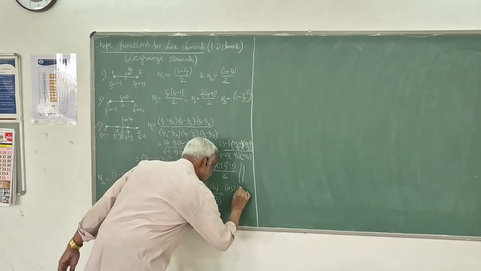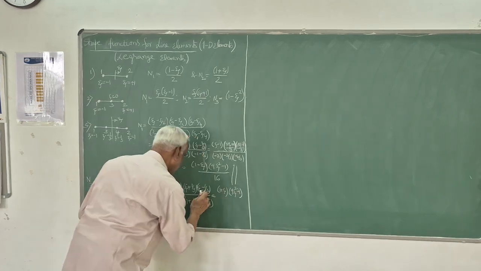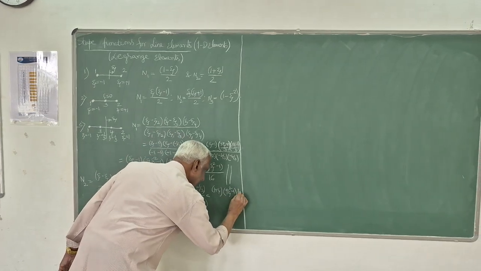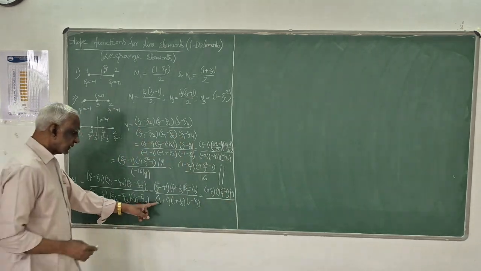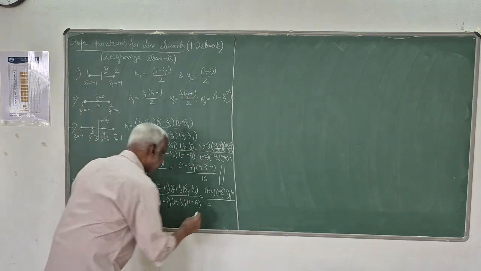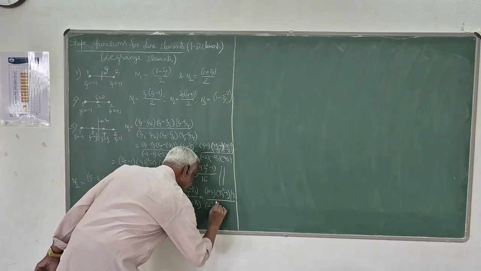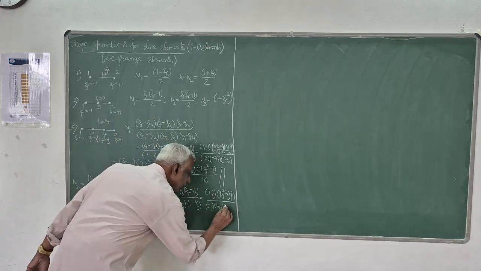Again it will be 9 psi square minus 1 divided by 9, whole thing divided by 2, this is 4 by 3, and this will be 2 by 3.